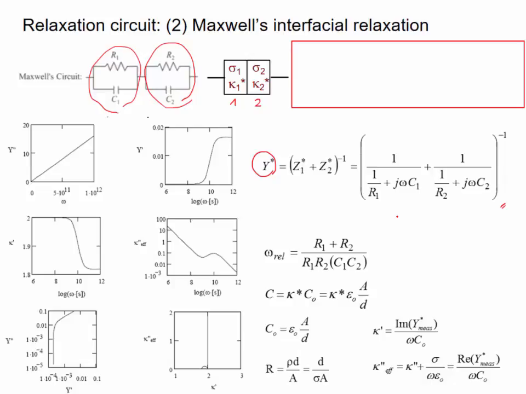So let's say that you have a clay particle in contact with the water. Then water is one lossy capacitor here, right? And the clay will be another lossy capacitor here. These two are in contact, and this will result in the polarization of the double layer, and this model can predict that behavior.